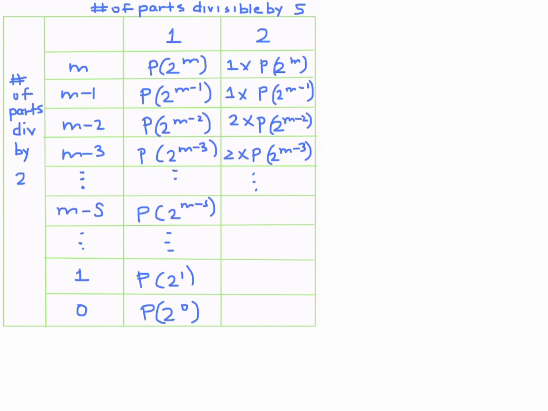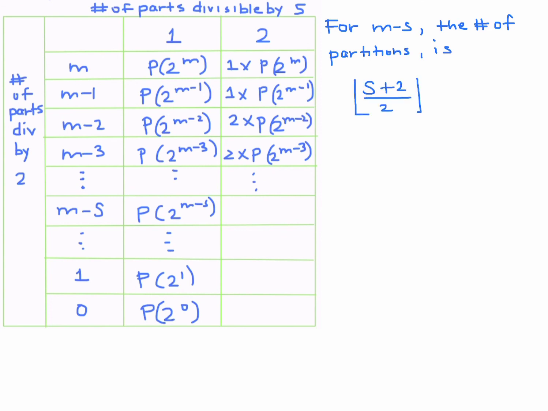Now we have to come up with a general term that we can put here for p 2 to the power of m minus s, but in particular when the number of parts divisible by 5 is 2. So for m minus s, when the number of parts divisible by 5 is 2, which is going to be this entry, the general formula is s plus 2 divided by 2.